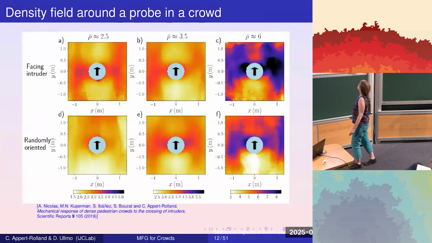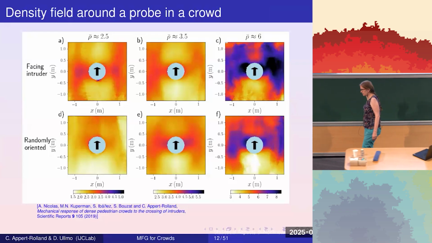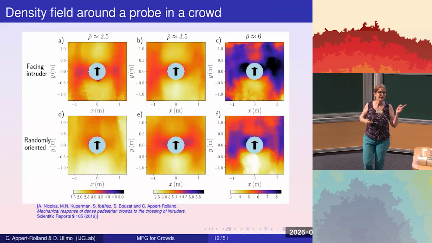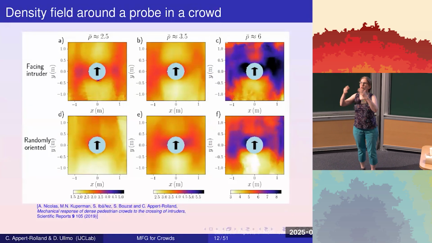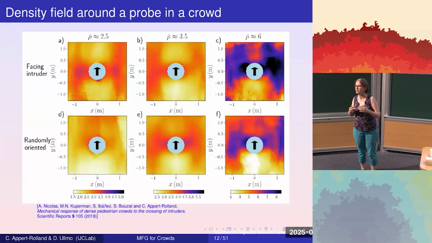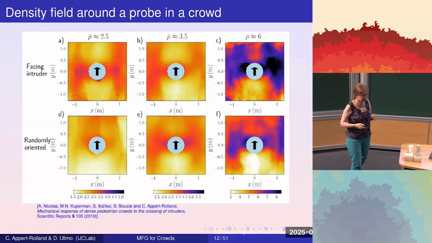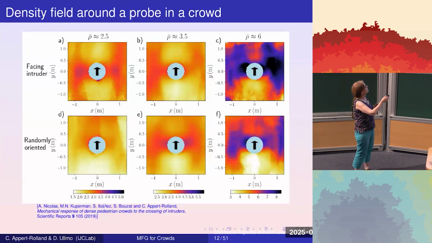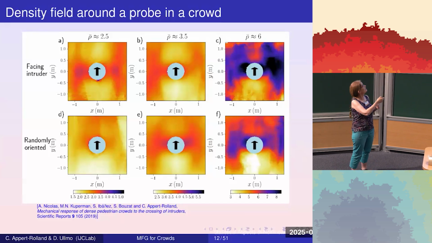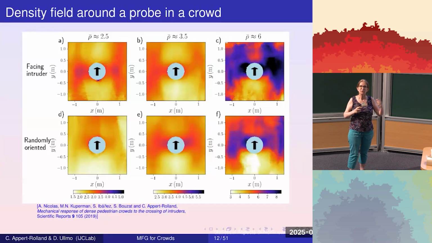Here the density fields you see are a bit different from the other ones. You must realize that to reconstruct the density field, we have to choose a method, and depending on the method, the density fields can look different. But what is common is that you have the highest density on the sides. And what was surprising is that you get this at relatively low density and also at high density, while in the meantime, you have introduced physical contacts.